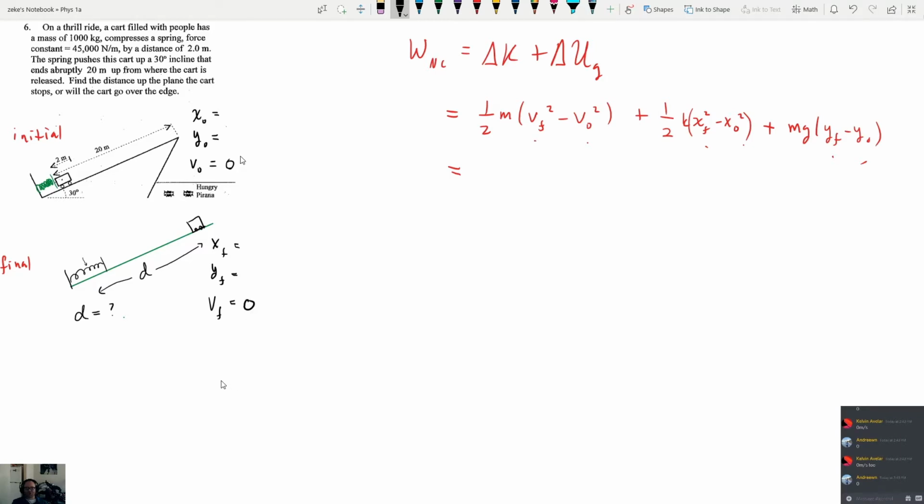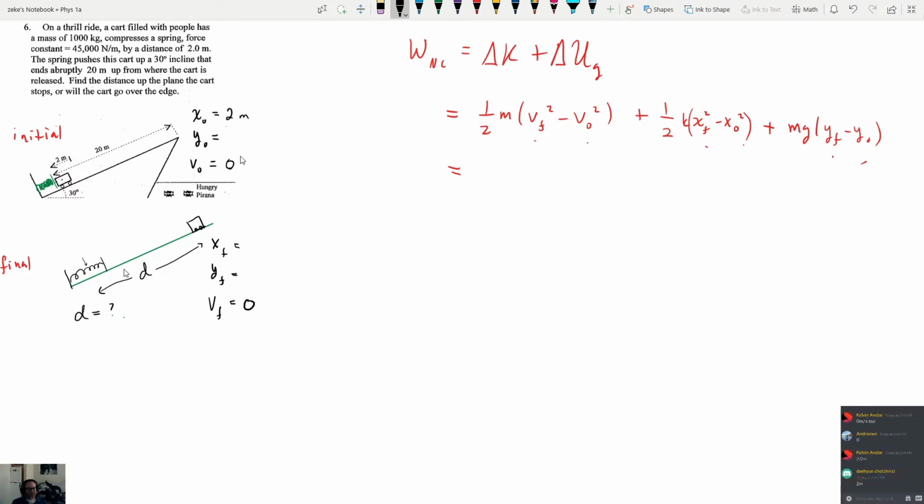Now, let's do x's next. So x represents the compression of the spring, right? How much is the spring compressed in the initial situation? 2 meters.